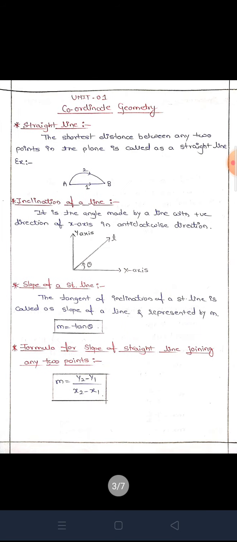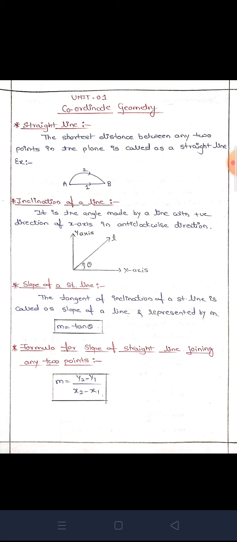So first, what do you mean by straight line? A straight line is nothing but the shortest distance between any 2 points. Okay, so I have given the definition: the shortest distance between any 2 points in a plane is called a straight line. For example, suppose you have 2 points A and B. For this you have two paths.